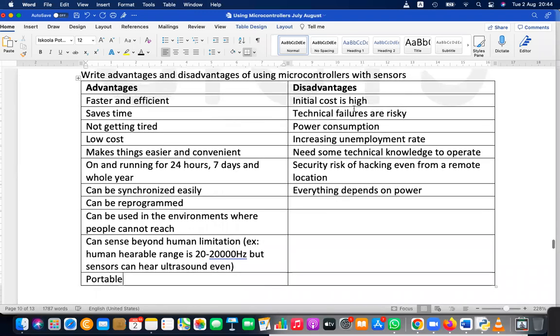Now the disadvantages: initial cost is high, technical failures, power consumption, and an increase in the unemployment rate, because when microcontrollers are employed, traditional jobs will be lost. There is the security risk of hacking. Everything depends on power, that is another problem.